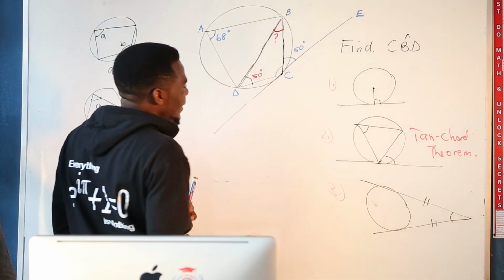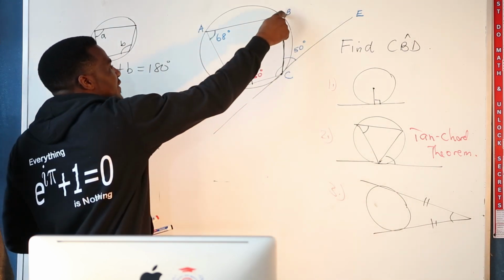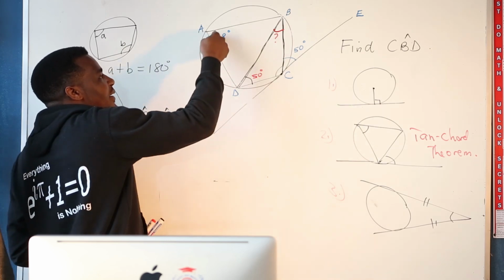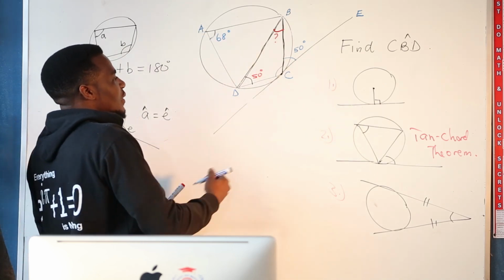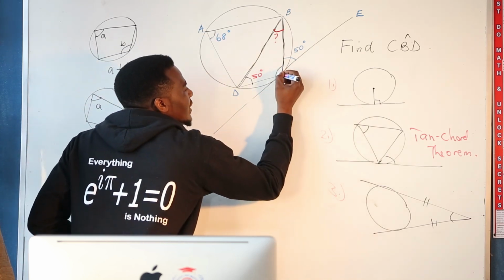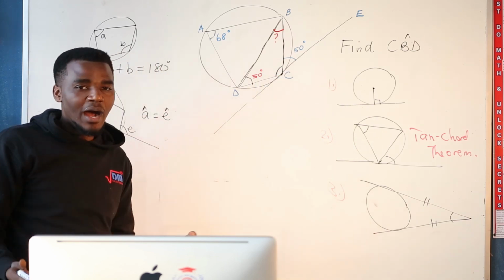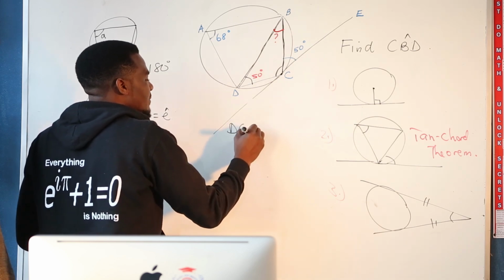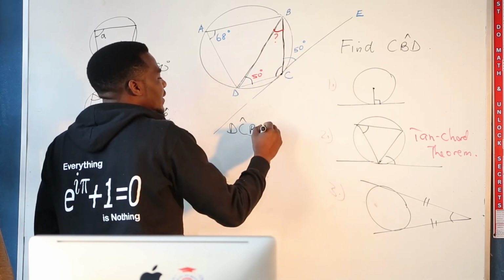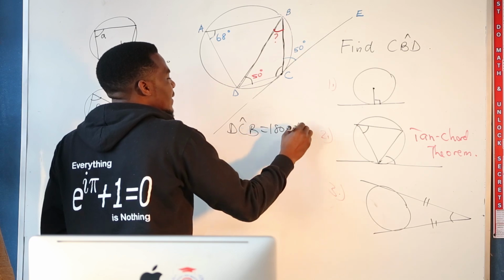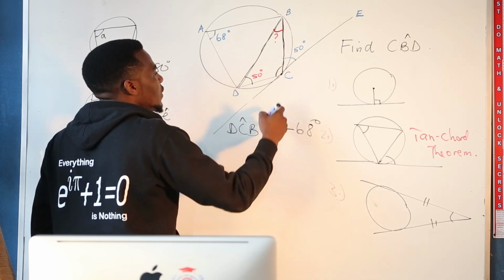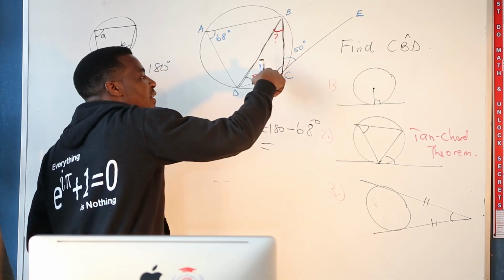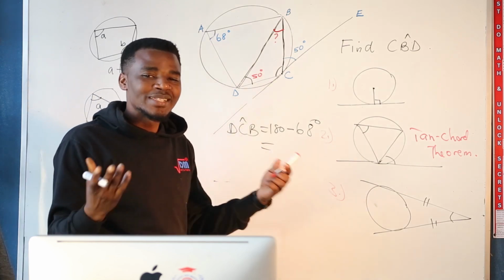Let's see if we can use that theorem here. We have a cyclic quadrilateral here, the angle here is 68 degrees, so straight away we can calculate this other angle. How? Angle DCB, which is this angle, is equal to 180 minus 68 degrees, because we know that the opposite interior angles of a cyclic quadrilateral are supplementary.